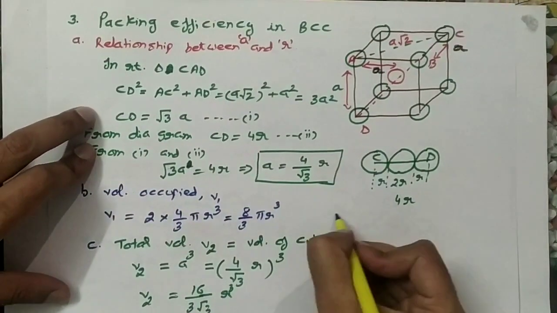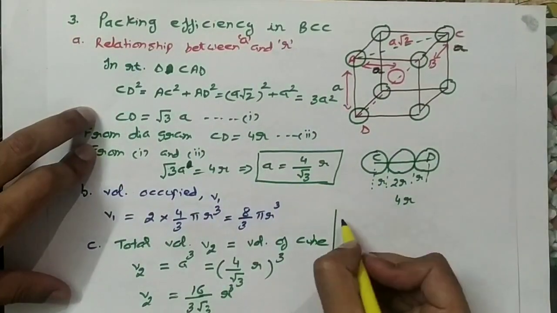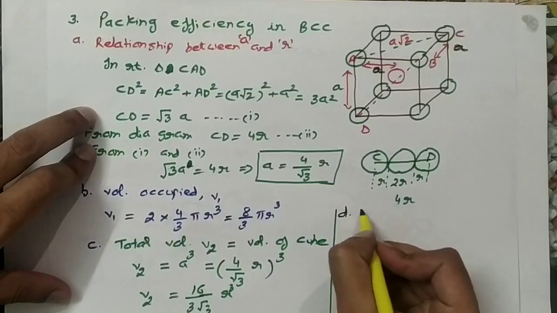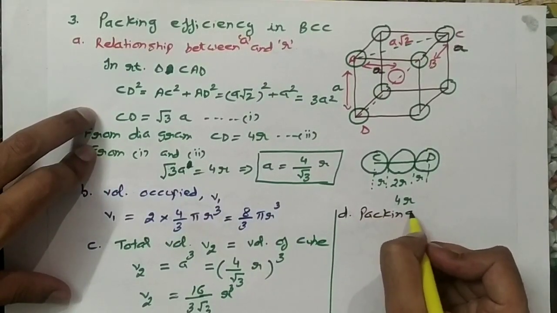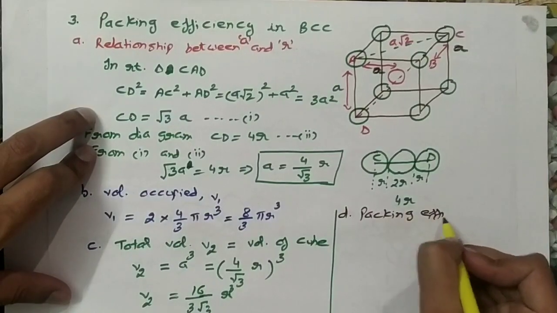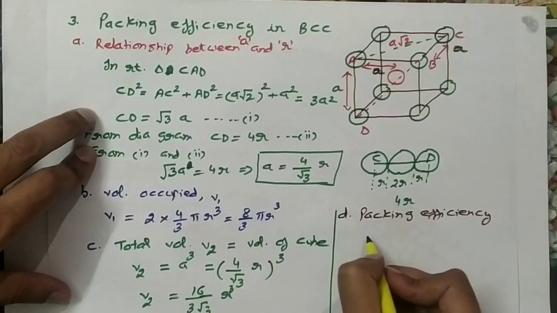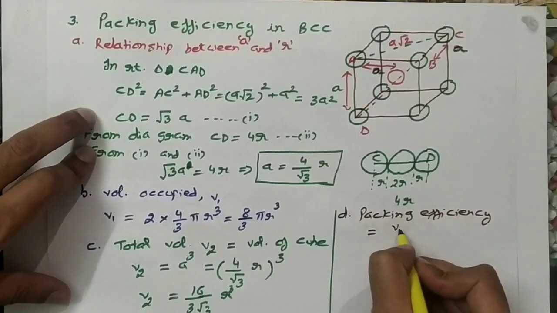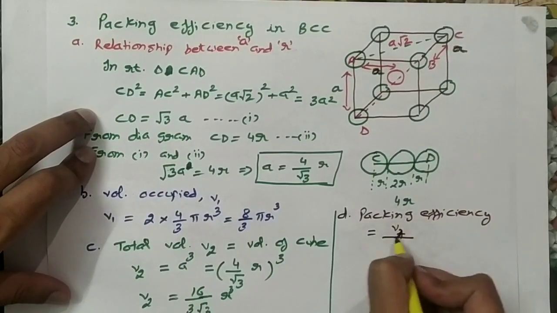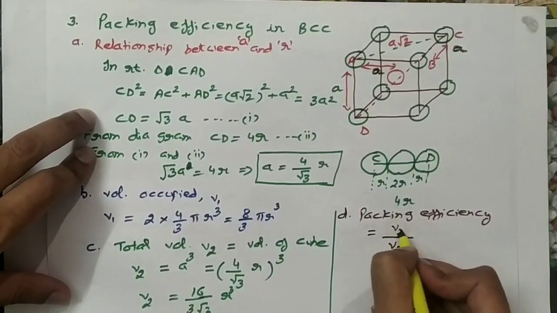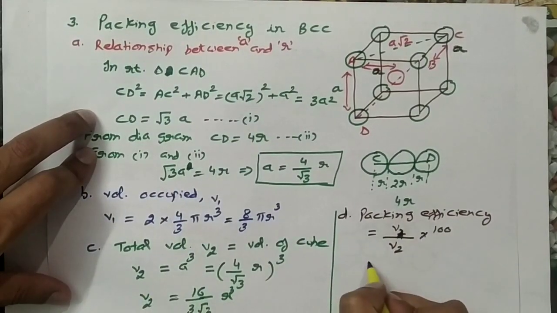Okay, last is packing efficiency. D point is packing efficiency. Packing efficiency is volume occupied by the atoms V1 divided by total volume V2 into 100.